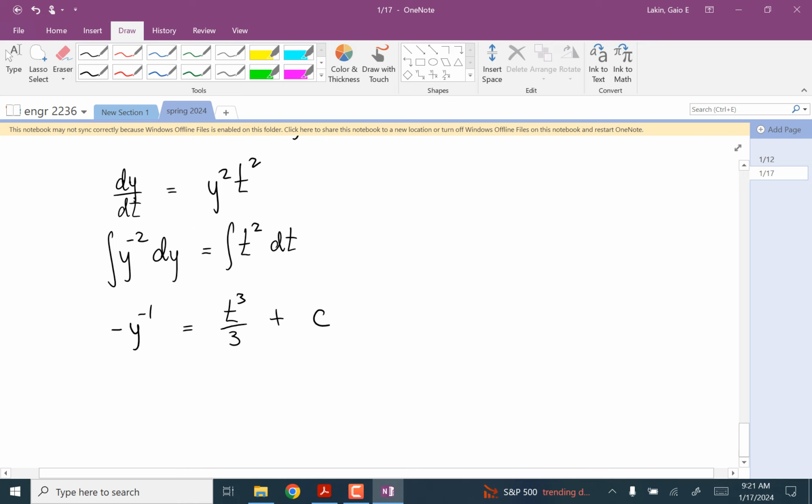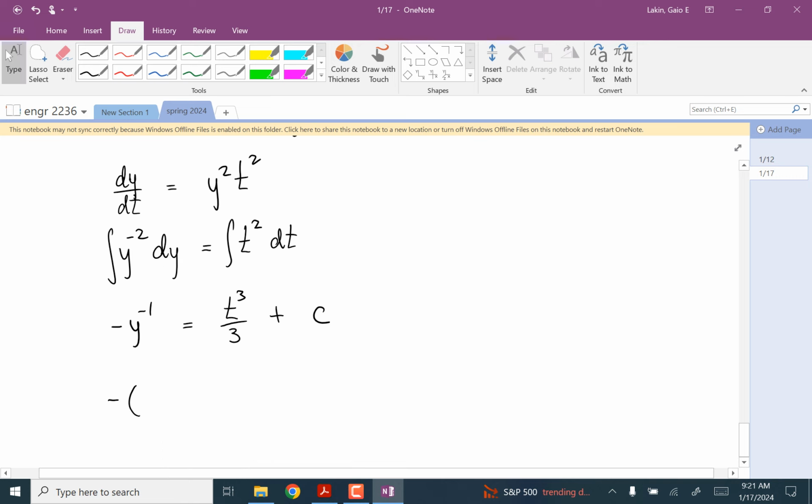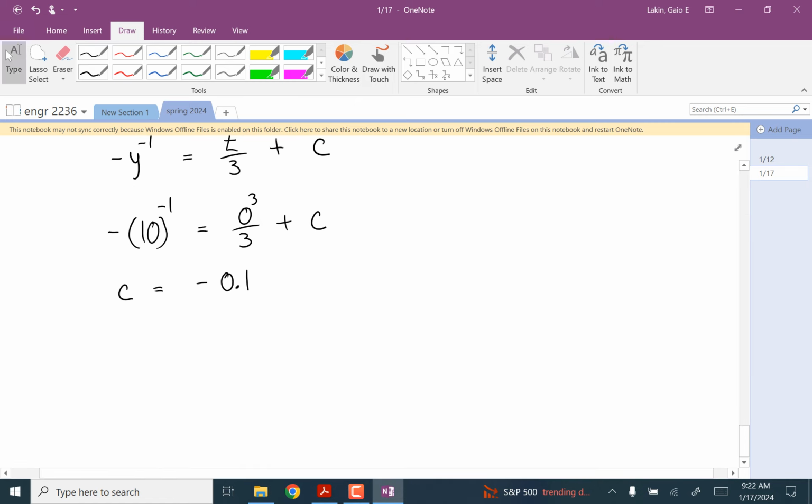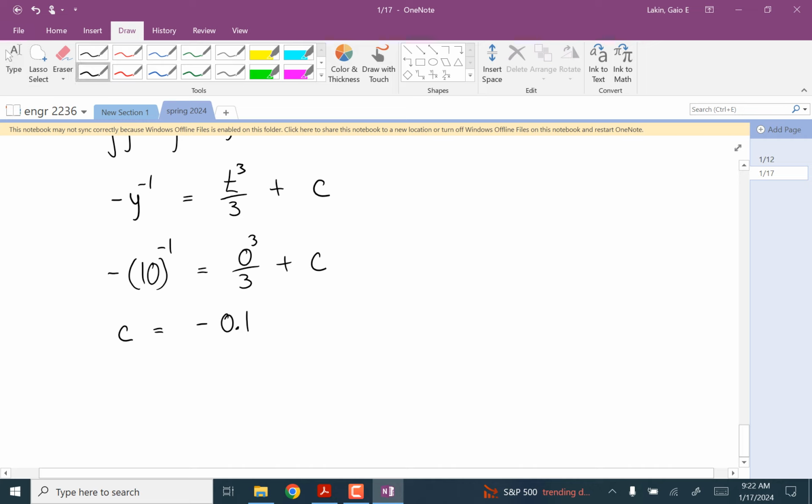So I'm going to go negative 10 to the minus 1 is equal to 0 cubed over 3 plus c. So we have c is equal to negative 0.1. And now we can update this thing.